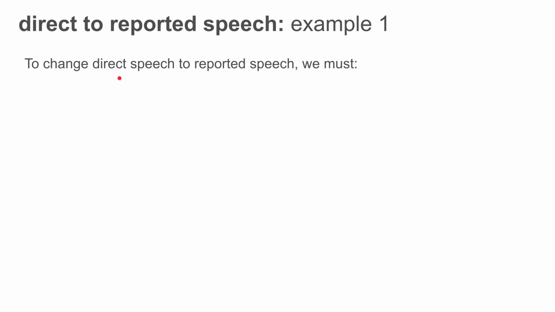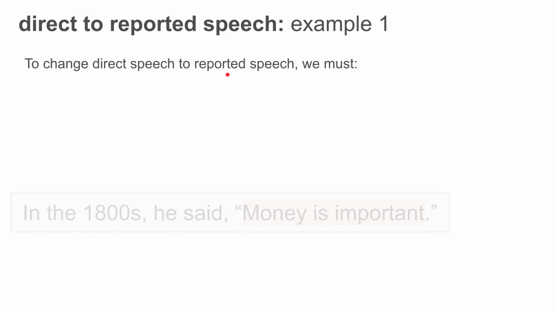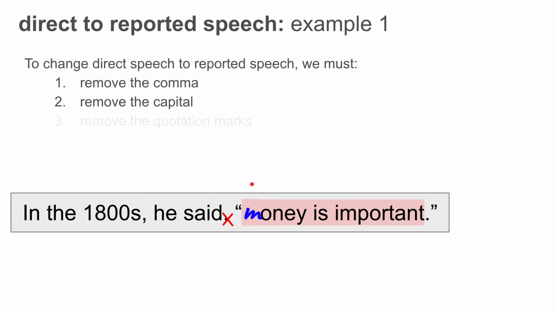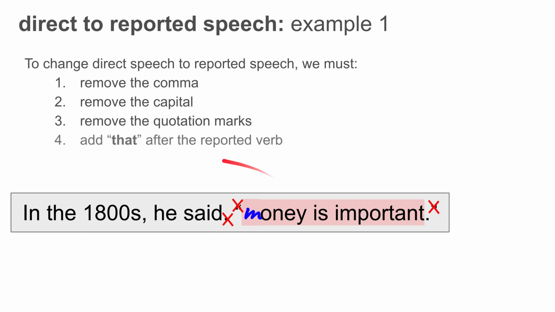Now let's learn how to change direct speech to reported speech. So, to change direct speech to reported speech, here is our direct speech: In the 1800s, he said, "Money is important." Let's change this. First, remove the comma. Next, remove the capital. So no capital M, but small m. Remove the quotation marks. Add a that after the reporting verb.